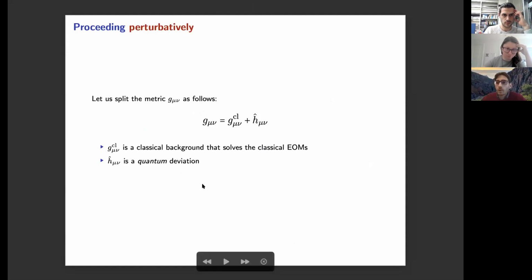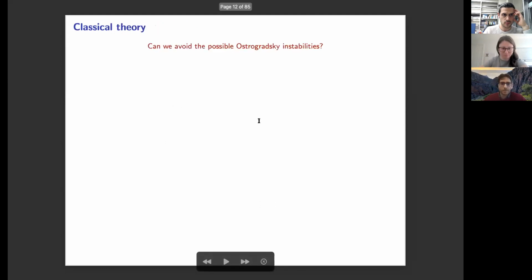I have a proposal which is, for the time being, intrinsically perturbative. Perturbative because I split the metric in some classical metric and some quantum fluctuations. And the classical part, g classical, is solving the classical equations of motion, and this ĥ is a quantum deviation.